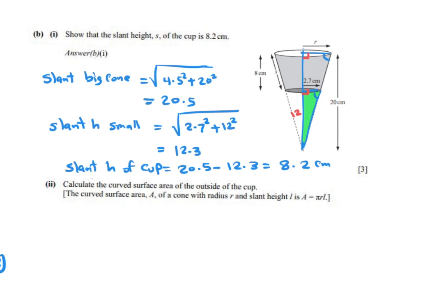Now for B(ii), calculate the curved surface area of the outside of the cup.